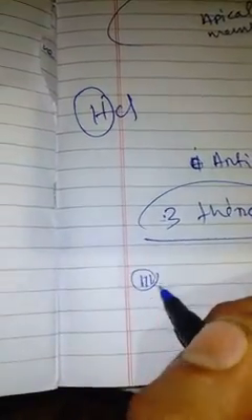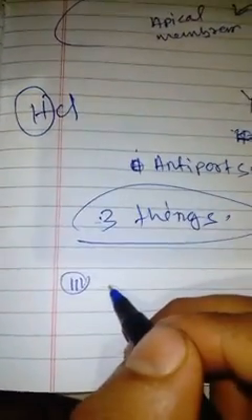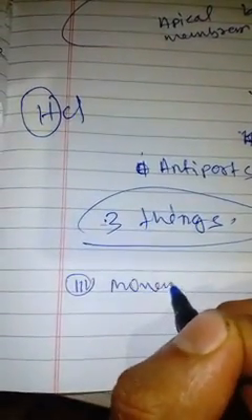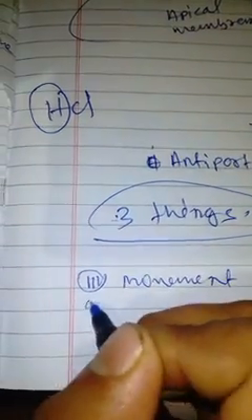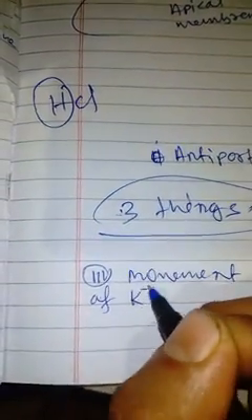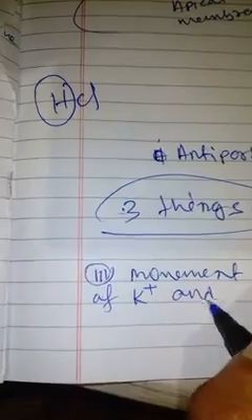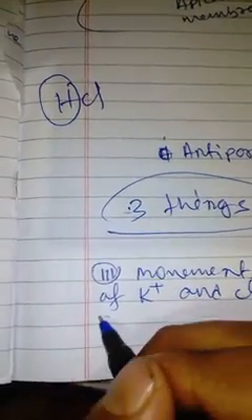And the last thing is the movement of K plus and Cl minus from the cell by diffusion.